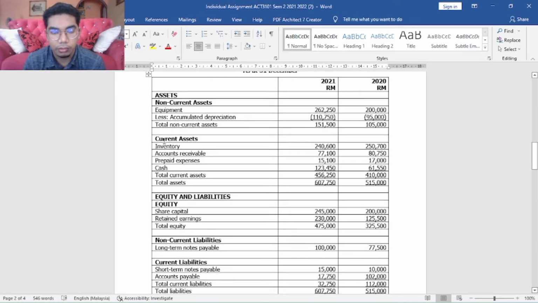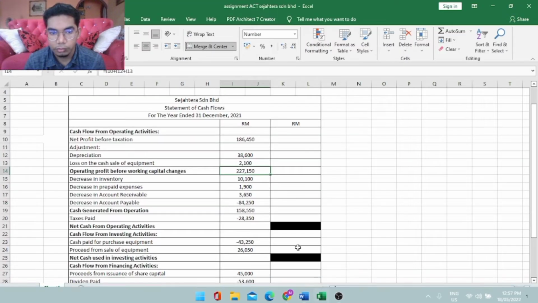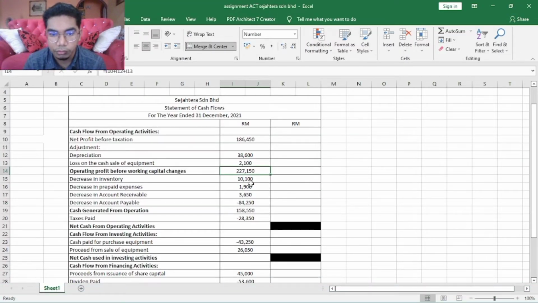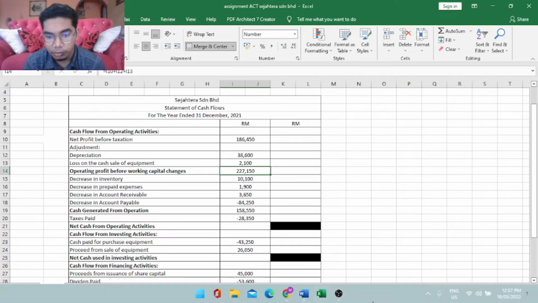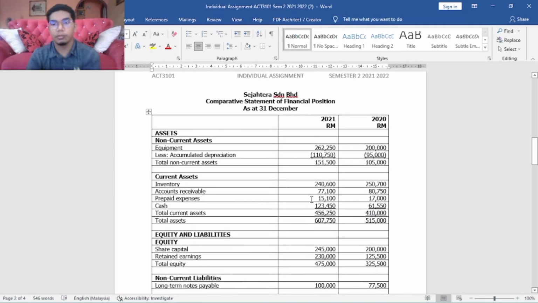Below current assets, inventory, we have the 2020 and 2021 columns. So we get the amount from 250,700 and deduct 240,600. When we deduct, we get 10,100. Also for prepaid expense, account receivable, and account payable, we use the same formula from the comparative statement of financial position.